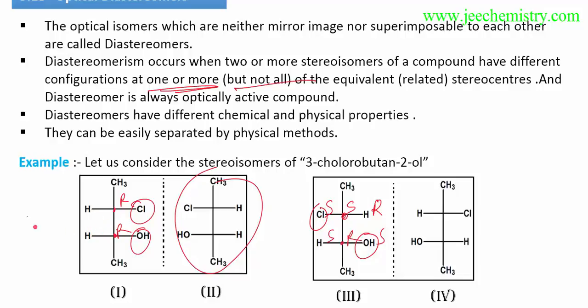If these compounds have, suppose, 5 stereocenters, it means one less than this: at most 4 stereocenters have different configurations. At least one stereocenter must be different.